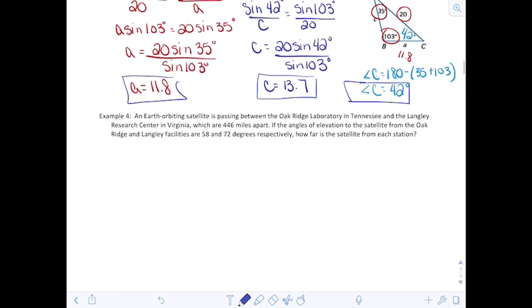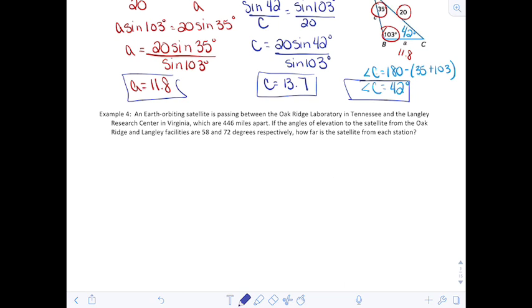Okay, the next example is an application, and sometimes the toughest part of these is to actually picture what's going on and draw it. So you really have to work your way through these and just focus on what's going on. An Earth orbiting satellite is passing between Oak Ridge Laboratory in Tennessee and the Langley Research Center in Virginia. Now they are 446 miles apart.